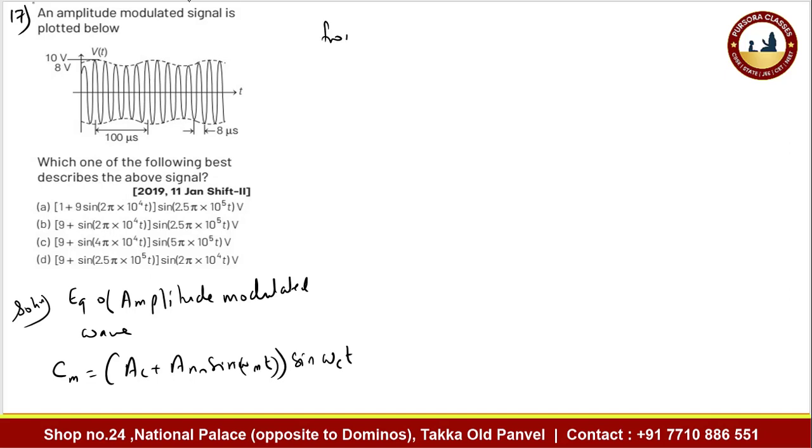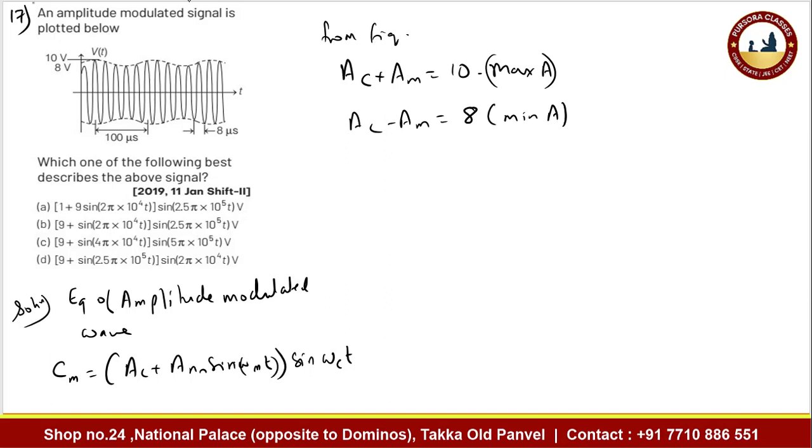Now from the figure we will see we have maximum amplitude AC + AM is 10, and AC − AM equals 8, that is the minimum amplitude. So from here we'll get AC is 9 and AM is 1. So we got AC and AM.